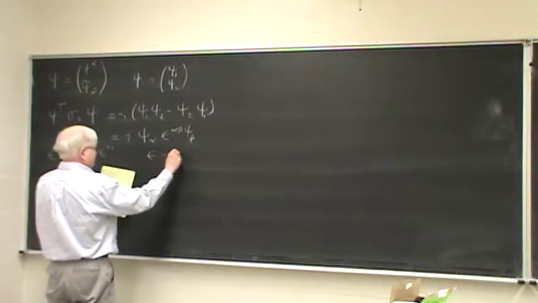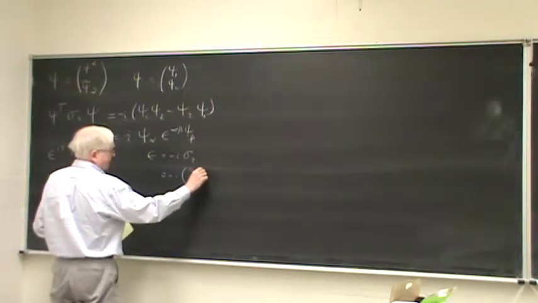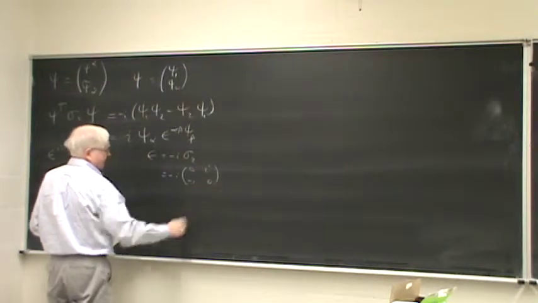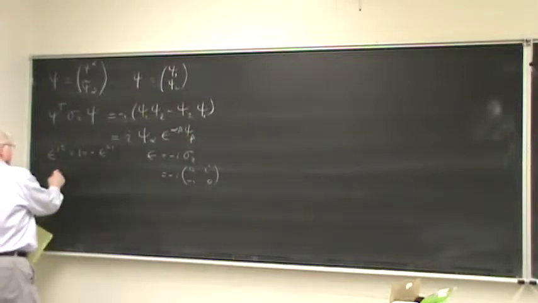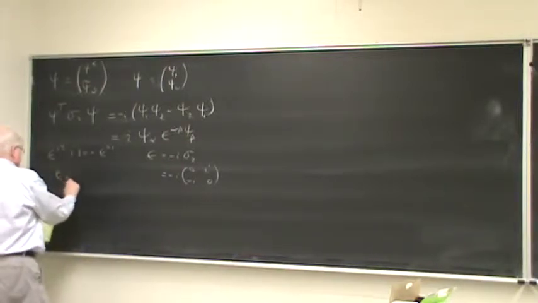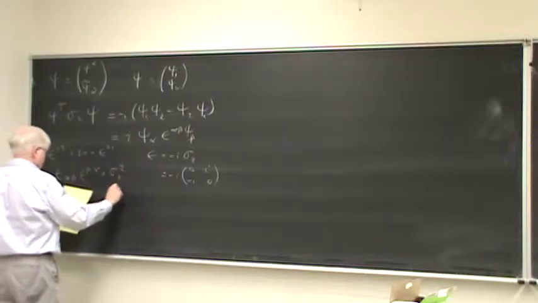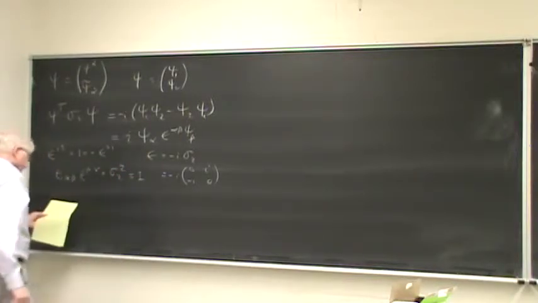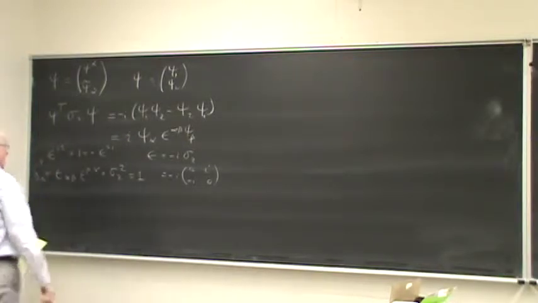Epsilon as a matrix is minus i sigma 2, that is minus i times the matrix (0, i; minus i, 0), the Pauli matrix. A couple of rules are that epsilon alpha beta epsilon beta gamma is sigma 2 squared, and this is equal to 1, or equivalently it's equal to delta gamma alpha.